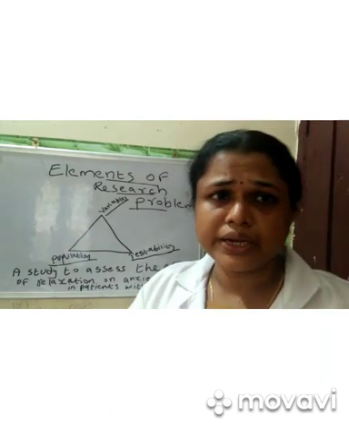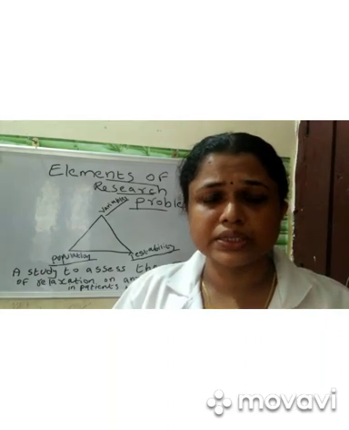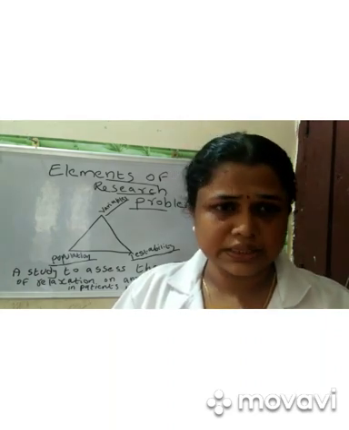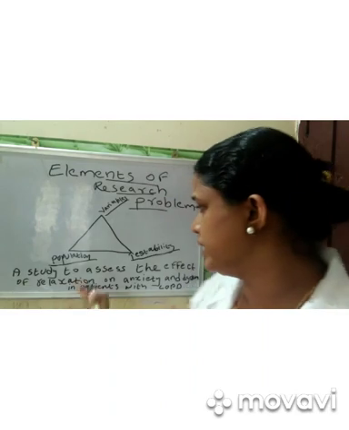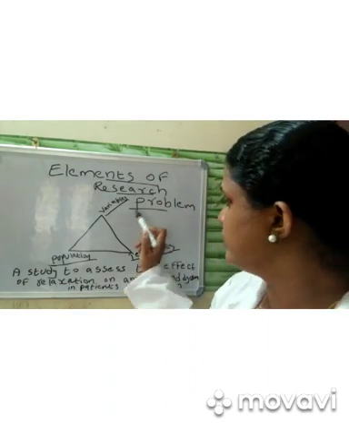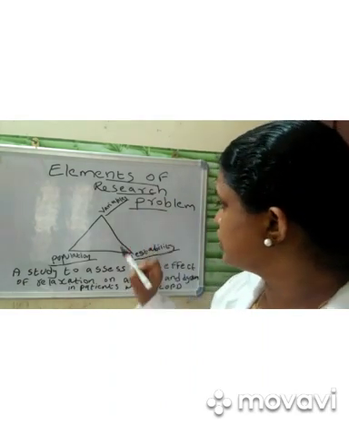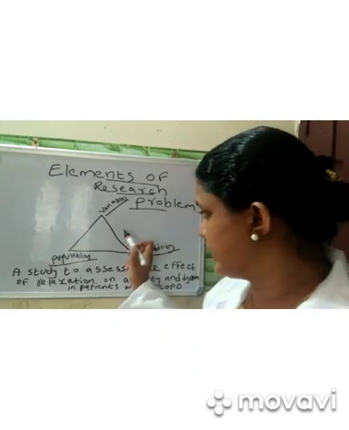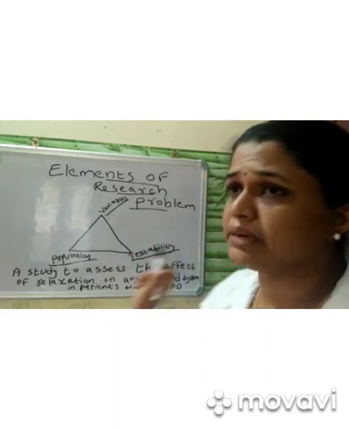So we can test it, we can use some questionnaires, or by assessment we can test these variables. So the three main elements of a research problem are variable, population and testability.